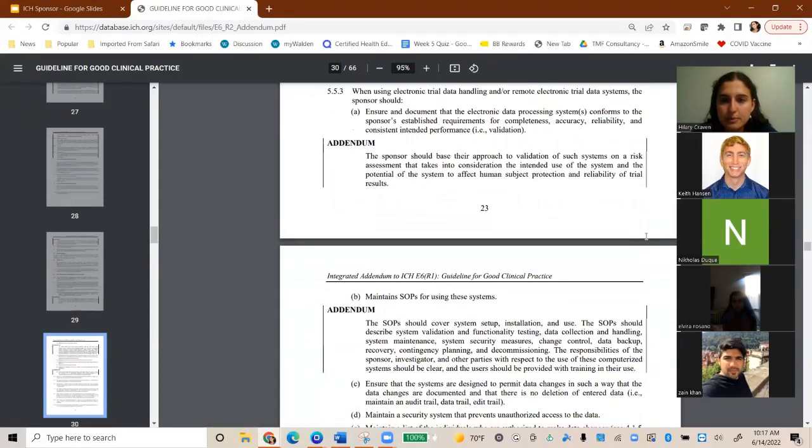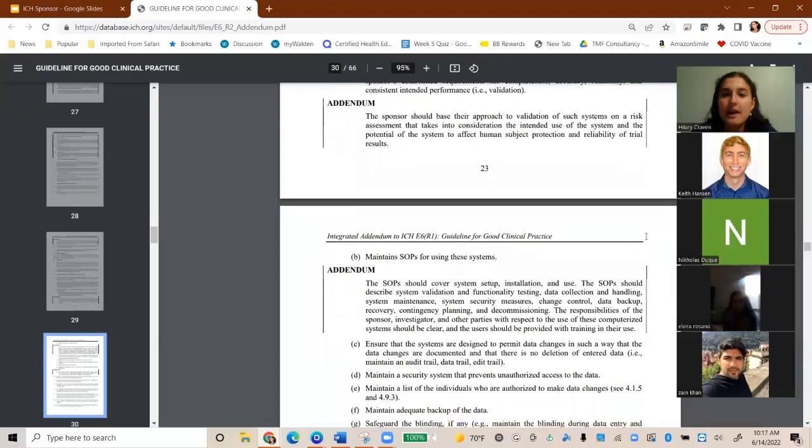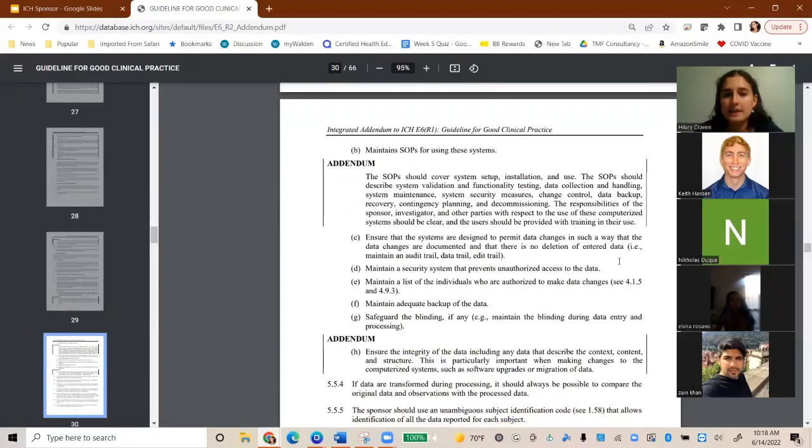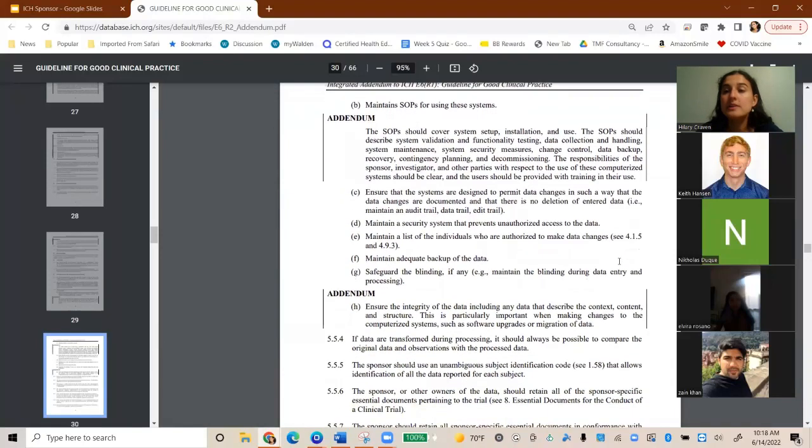And it goes a little bit deeper, making sure that you have SOPs, and they cover not just how you're going to use the system, which is what you usually think about with standard operating procedures, but also how the system is set up, installed, and used, right? And the validation is making sure that everything is working the way it should, right?